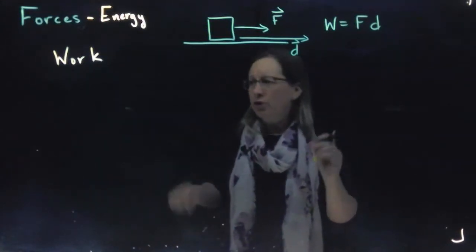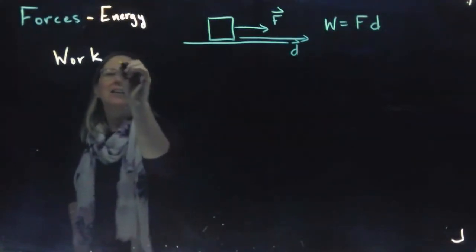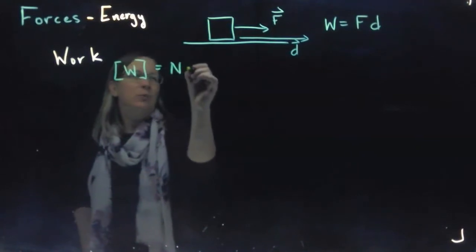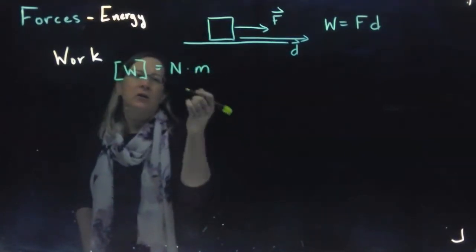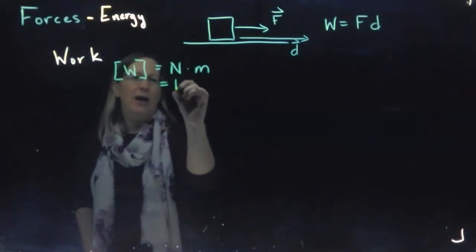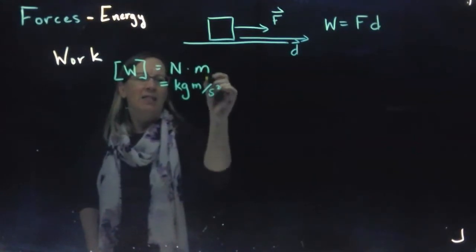And so first, we should say something about units. Work has units of newtons times meters, which we could rewrite: Newton being our force, so mass times an acceleration, meters per second squared, and then times another meter.